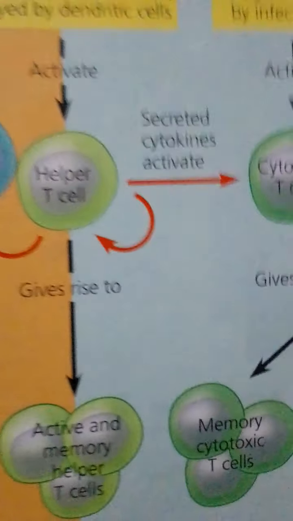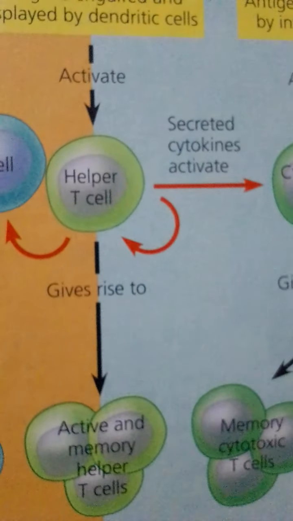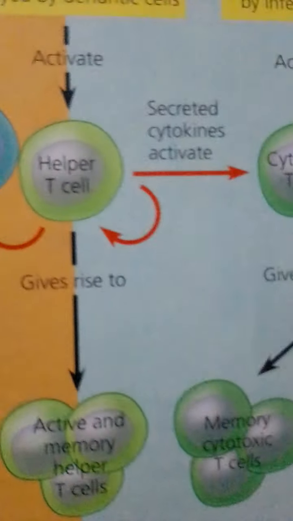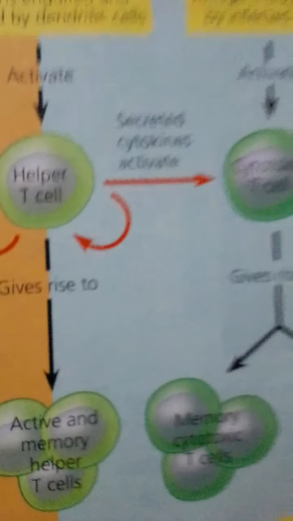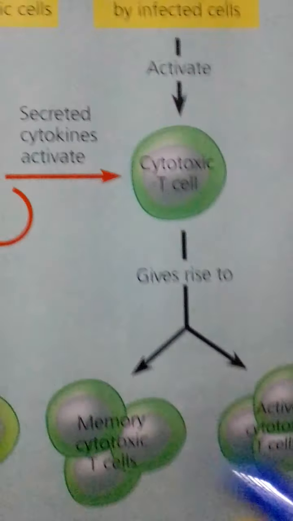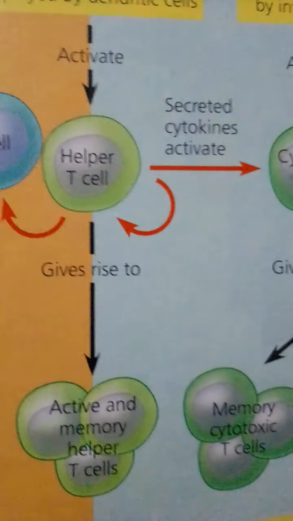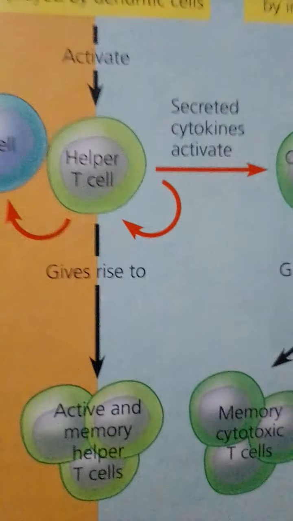Dendritic cells are particularly effective in presenting antigens to naive helper T cells, so called because they have not previously detected an antigen. In other words, dendritic cells are important in triggering a primary immune response.